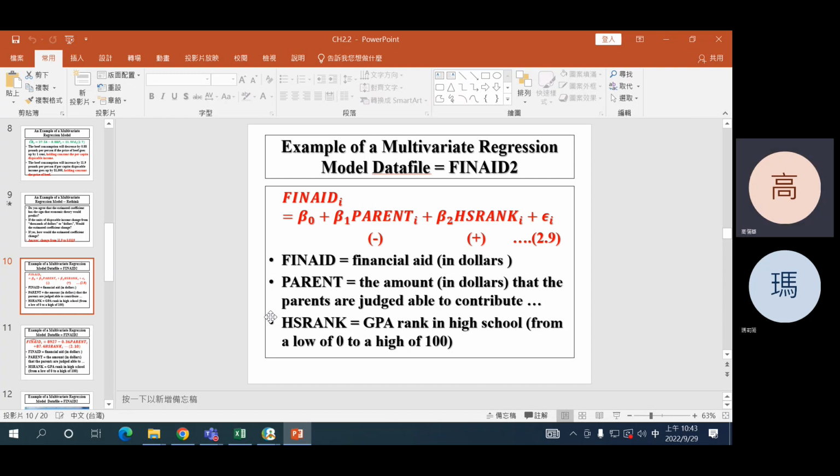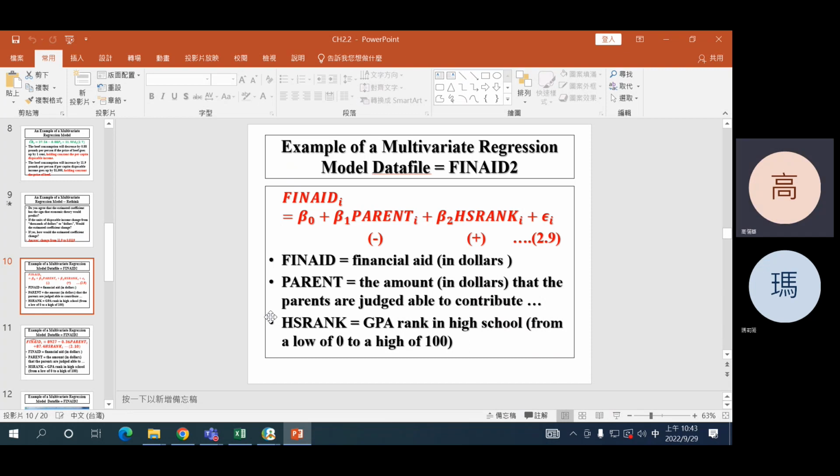So if your parents are willing to pay more, then you can have less financial aid, and your burden is less after you graduate, right? But if your parents are not able to pay the tuition for you, then you can get more financial aid, but in the future, after you graduate, you need to pay back more.